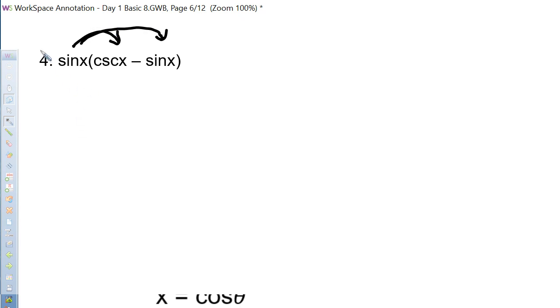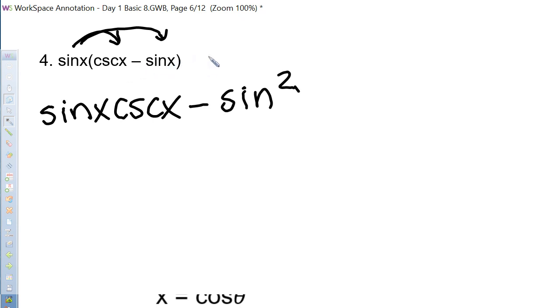So when I distribute, sine times cosecant is going to be sine of x, cosecant of x, and sine of x times negative sine of x would be negative sine squared of x. And now we don't have a 1 paired with a squared trig function. So if you don't have a Pythagorean identity, change everything to sines and cosines.